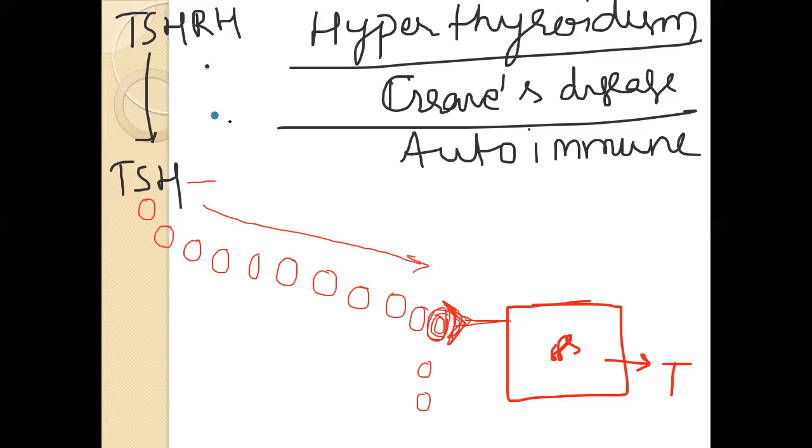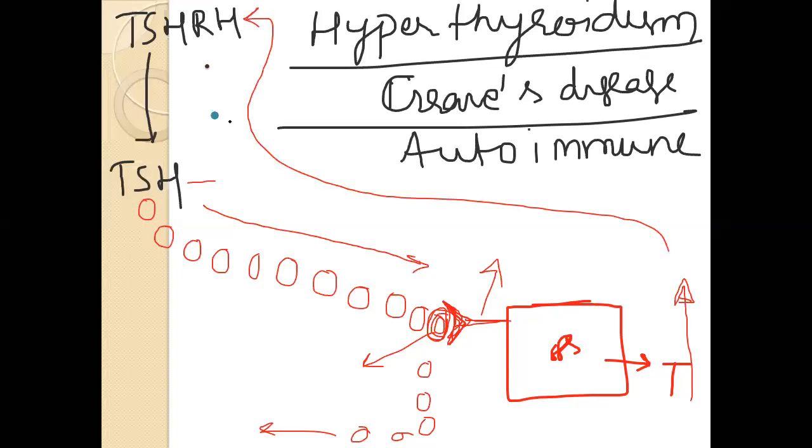This is the TSH receptor and this is the TSH. Both will fit together as long as these molecules keep coming and dropping out, and thyroxine is going to be secreted. This is the mechanism. When the thyroxine level is increased in the blood, that informs the hypothalamus.